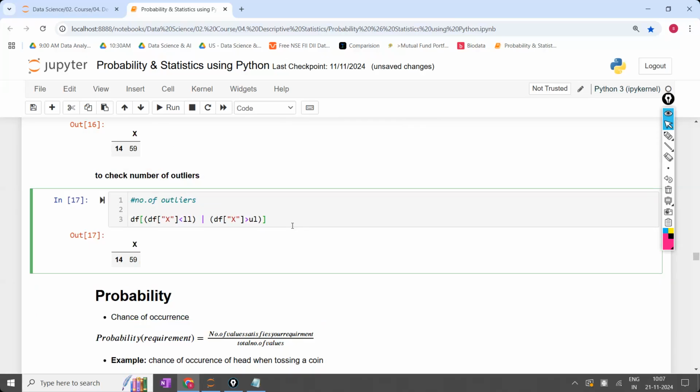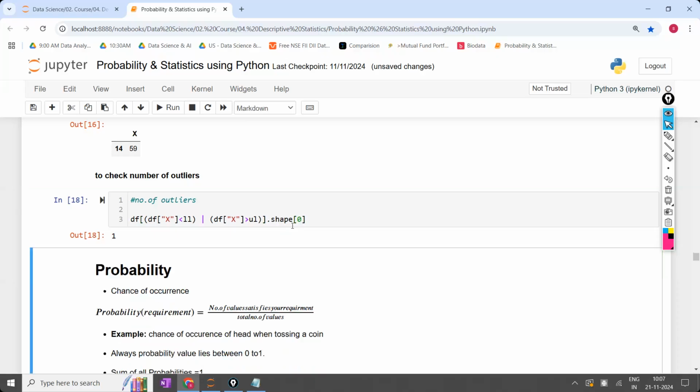Either by using the length function or simply by using the dot shape. Dot shape will give you the number of rows comma number of columns. Particularly I want rows only, means index of 0. During pandas I have told you how to extract only the number of rows.